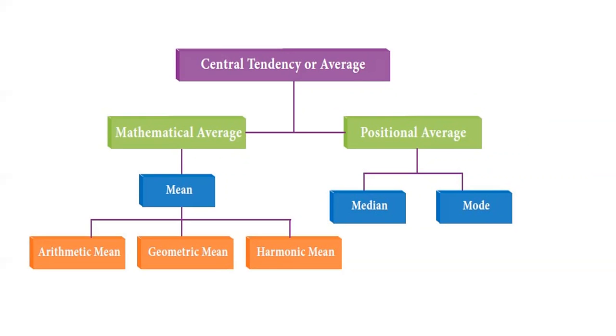In case of mathematical average, we have the mean, which is mainly of 3 types: AGH, arithmetic mean, geometric mean, and harmonic mean. In case of positional average, we have 2 things, that is median and mode. Median is the central value and mode is the most fashionable value.